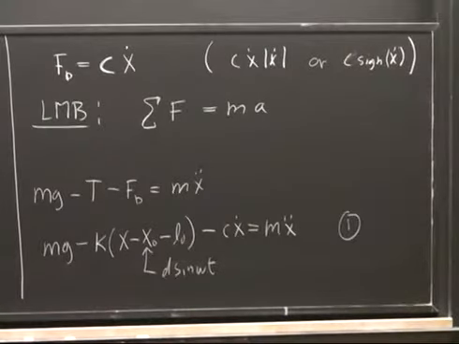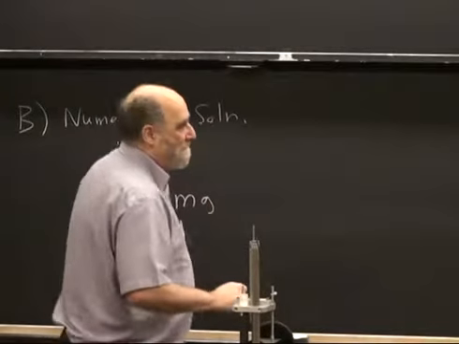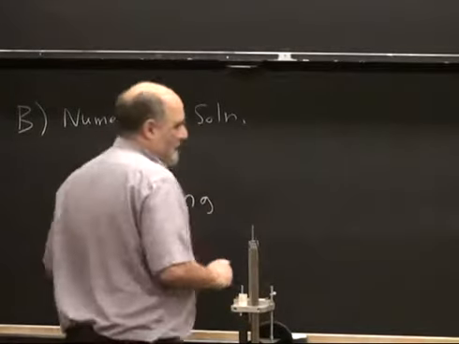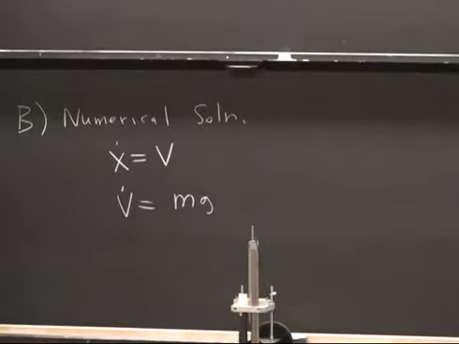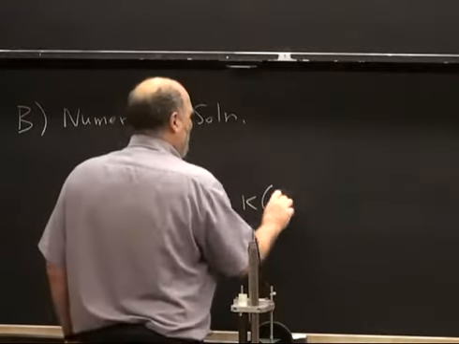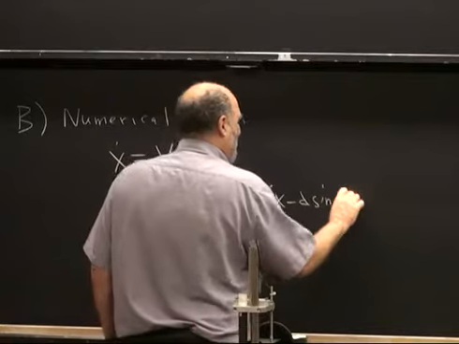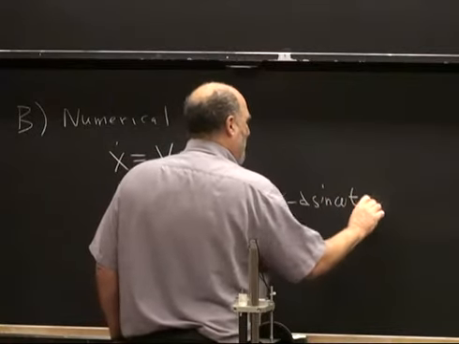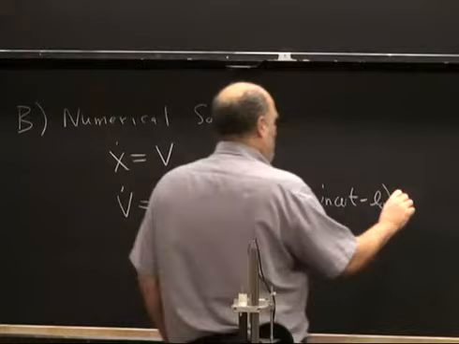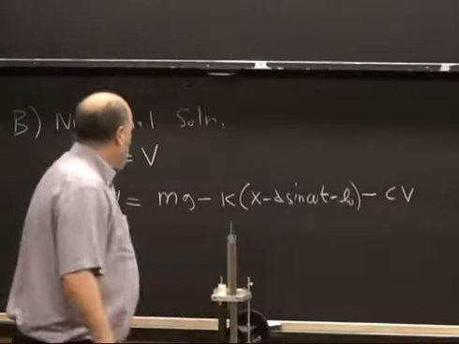So I could simplify it perhaps, but it's mg minus k times that whole thing, minus k times x minus d sine omega t minus L0 minus CV, divided by m. I think I got everything.